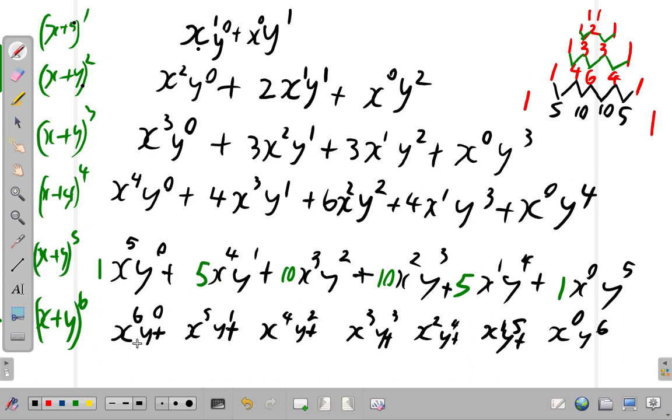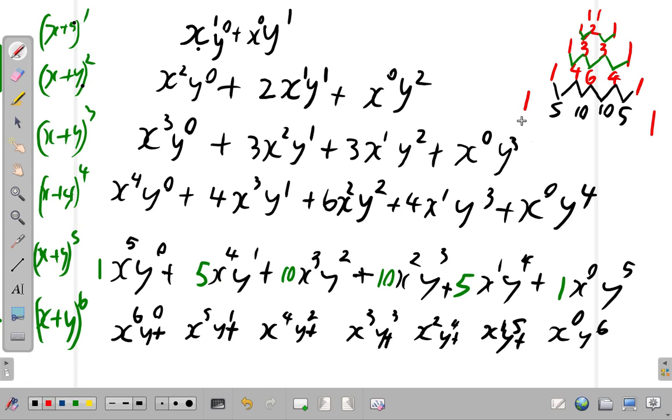Which number is going to multiply x to the 6, y to the 0? Which number is going to multiply x to the 5, y to the 1? Which number is going to multiply x to the 4, y to the 2? And so on and so forth. To determine that, we look at the Pascal's triangle. We have it up here. Let me write the 3 a bit further down to get it out of the way.